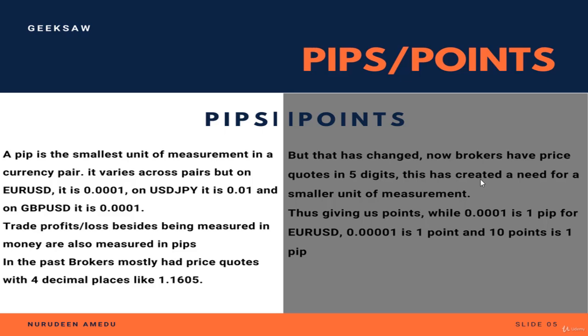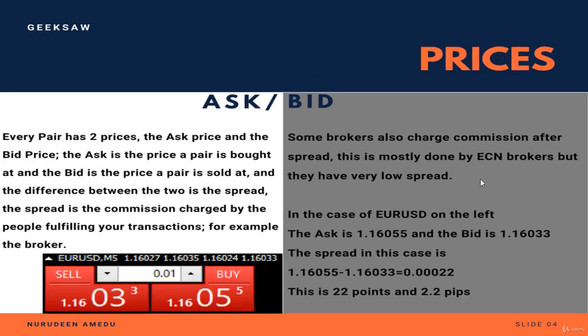Now, points, on the other hand, is the smallest value on any pair. Now, for Euro USD pricing, you can see you have 1.16055. The smallest movement that can happen on this ask price is from 1.16055 to 1.16056.